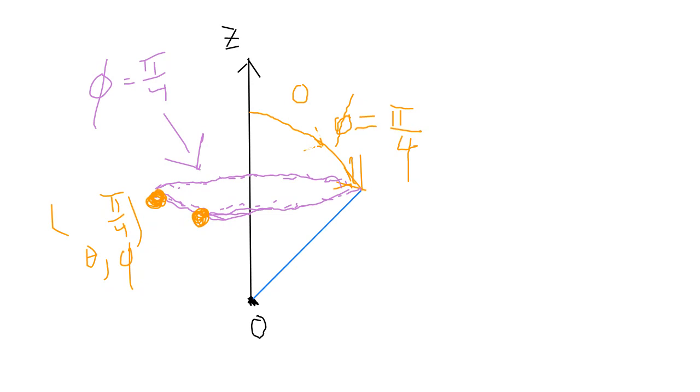So I'm not talking about this point, I'm talking about this point way over here. Phi is pi over 4. What's theta equal to? Pi. That's right. See that?